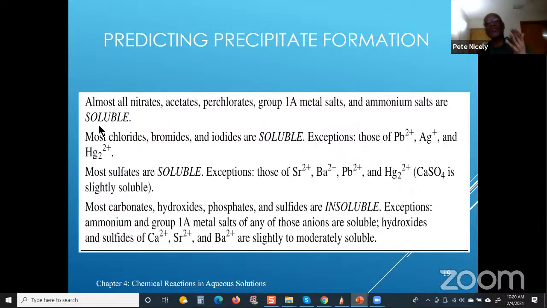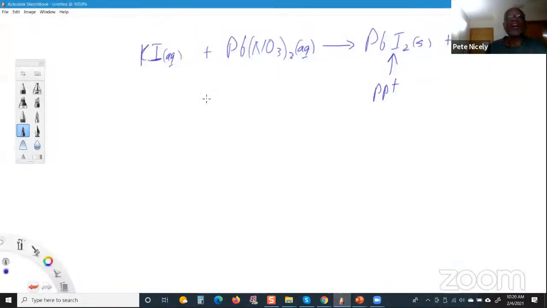So based on those two facts, we know that potassium nitrate will be soluble, all right? That's important when it comes to writing down the net ionic equation, which we're going to get to later on, because we have to know which substances would be in a solid state when this reaction takes place and which would remain in an aqueous state, all right? So with that said, let's move on to the next step in this process.